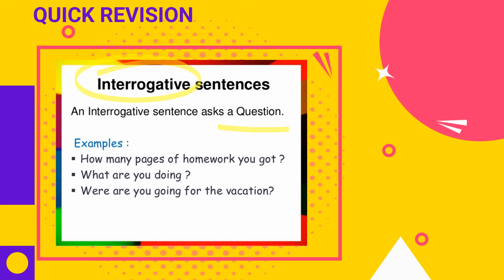So, a sentence that asks something to someone directly is called a question or an interrogative sentence. So what do you think can be the main function of an interrogative sentence? The main function of an interrogative sentence is to ask a direct question.